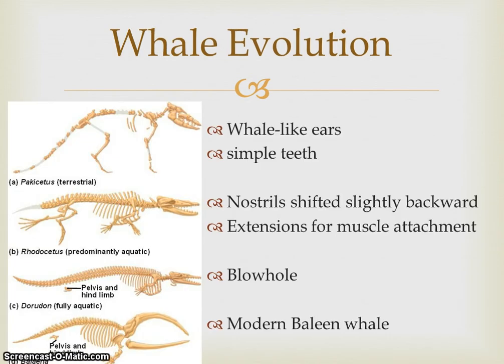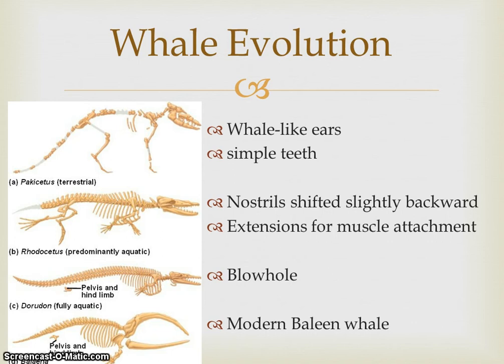Now I'd like to talk about the evolution of whales from land tetrapods. Pachycetus, shown on top, was terrestrial, which means that it lived mostly on land. It is an ancestor or common relative to modern whales. It doesn't look like a whale, but it did have whale-like ears and very simple teeth.